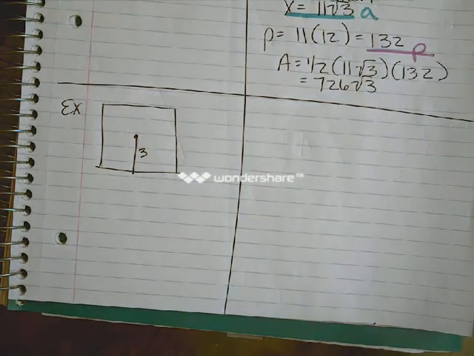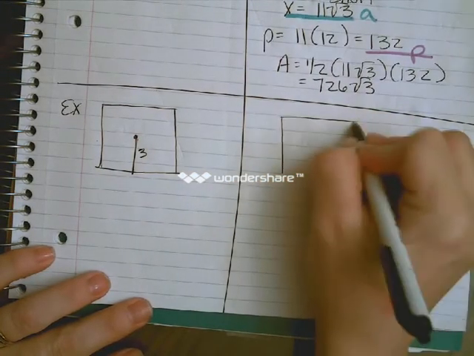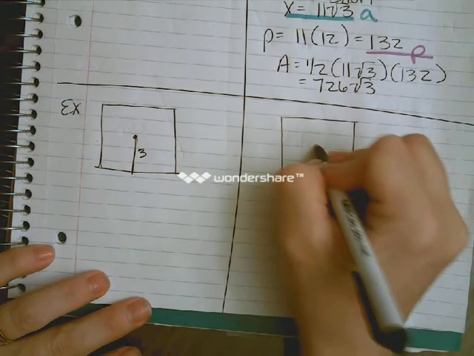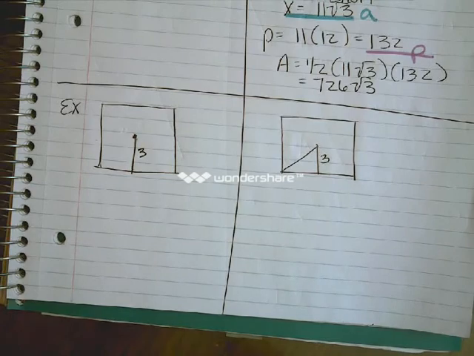Let's try to follow the steps I've given you again. Okay, step 1 is to draw the triangle, right? We have this is 3, and we're going to draw that triangle in. Okay, so here's our triangle. This is the all-important triangle.